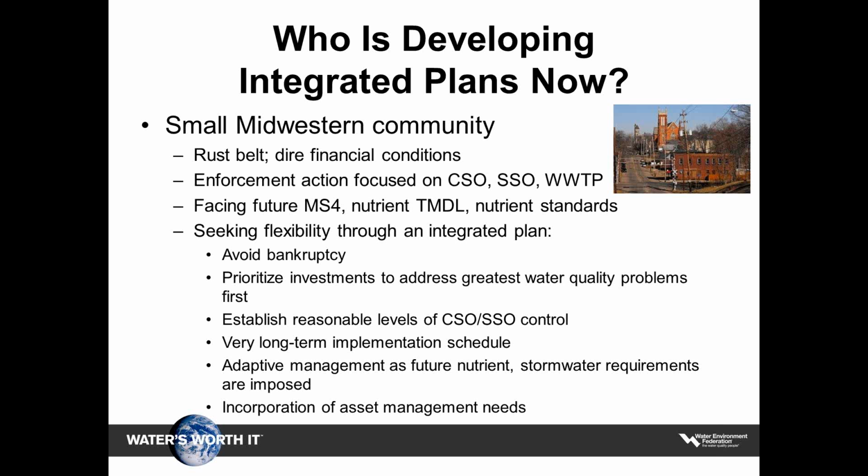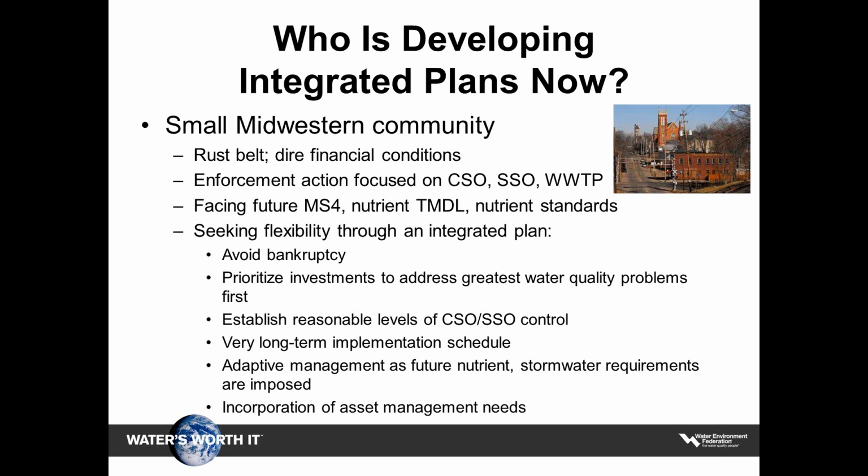So, for example, for this community, if something very expensive comes down the pike, they might go back to their CSO control plan and look at level of control there. They might look at their SSO elimination plan and see if modifications need to be made there based on the cost of future requirements. In addition, this community wants to incorporate asset management needs.